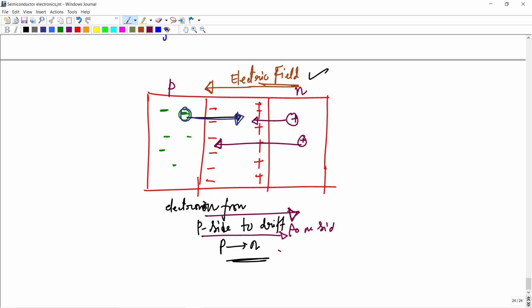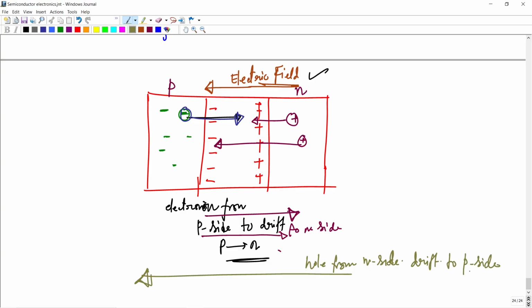Similarly, the minority carrier hole in the n side moves in the same direction as the electric field. So due to drift, the electron from the p side drifts to the n side, and the hole from the n side drifts to the p side region. So the main concept is drift.